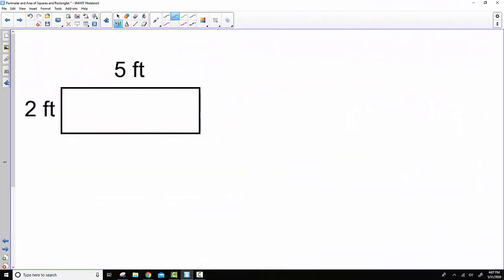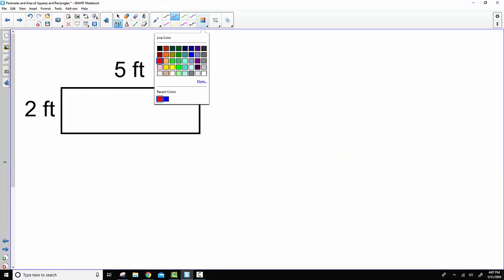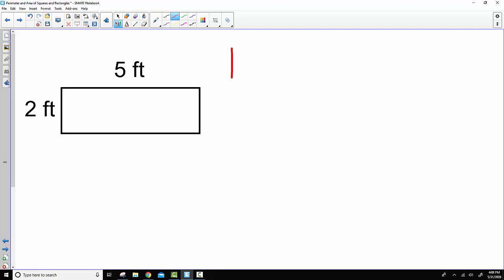The next example is a rectangle. And we can see that the dimensions are 2 feet by 5 feet. So first, let's establish the perimeter of this figure. So our perimeter is the outside edge.